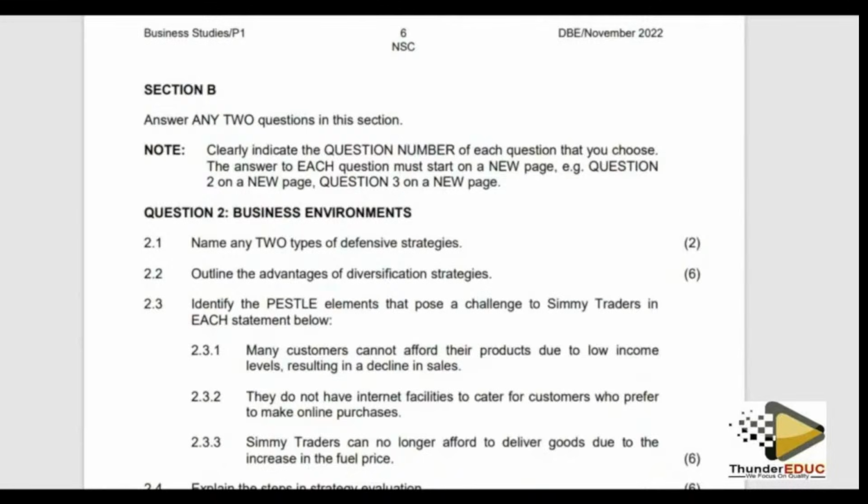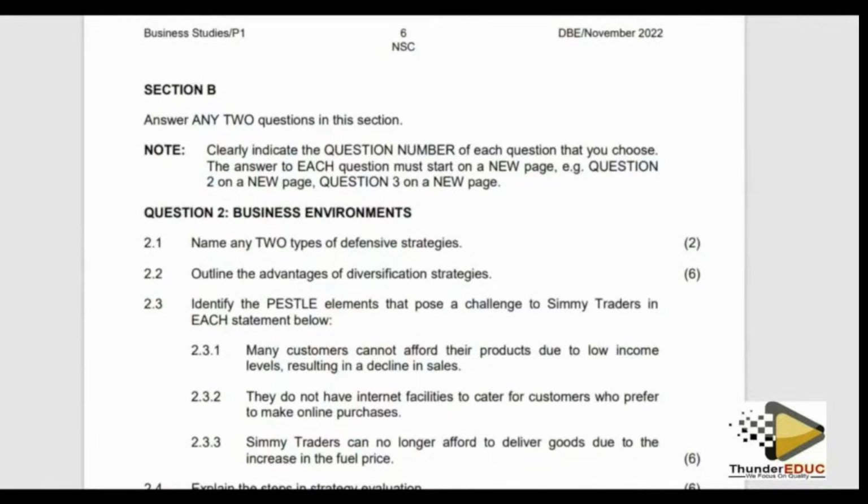When you select those 2 questions, select the questions that you think you have studied properly, or the questions that you know very well that you understand. And if you still remember, in most cases under question 2, we can have quality performance, and also we can have HR, and also we can have business strategies.